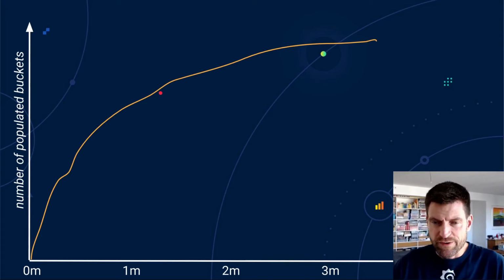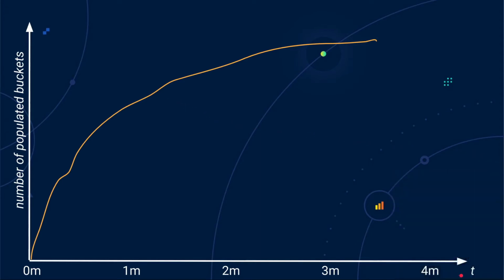So at some point, this is the time axis here, you will reach some saturation level, where most of the time you will hit a bucket that already has some counts in it. The idea is that you will approach this saturation value quite quickly, so that it's not that much of a deal if you collect for 1 minute, 2 minutes, 3 minutes, an hour, or a day. That's the one idea, right?